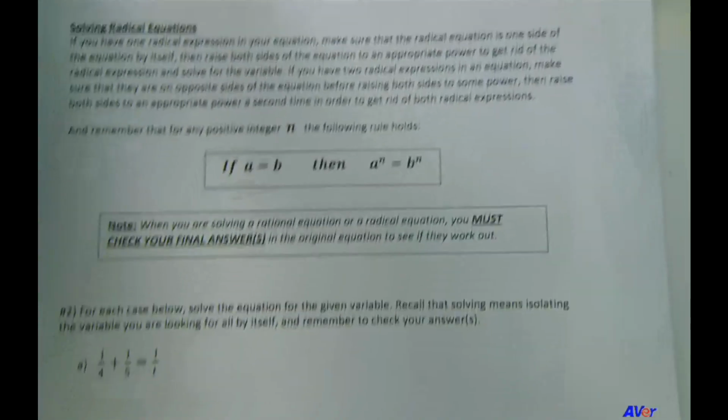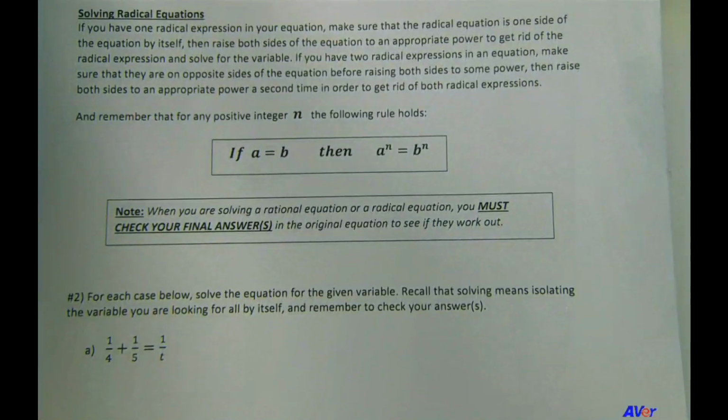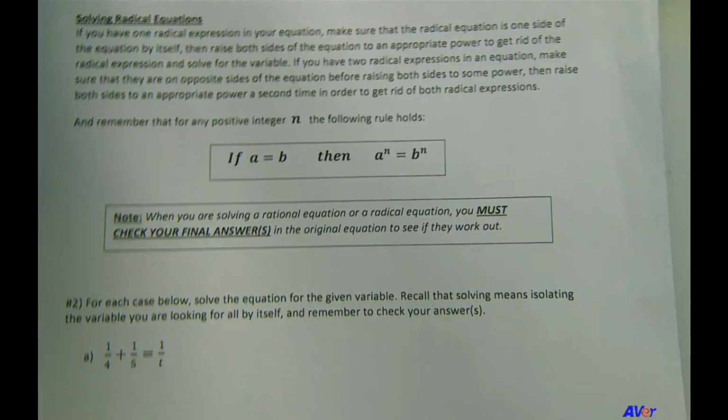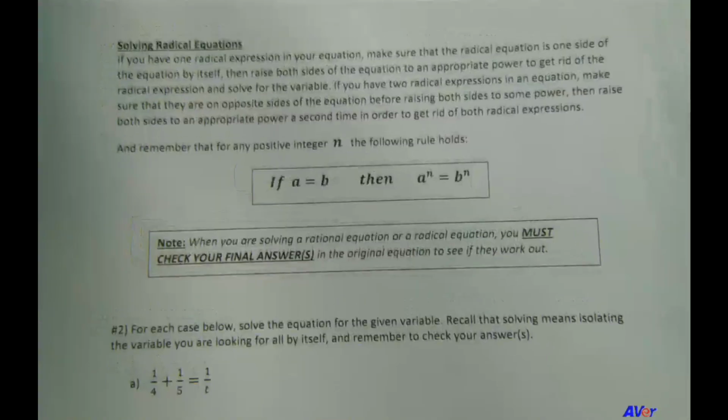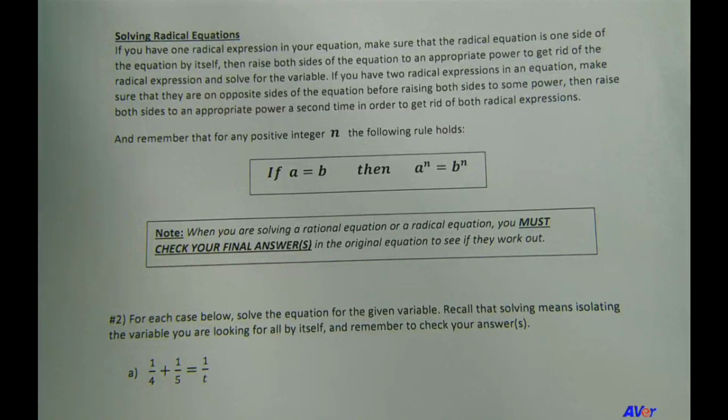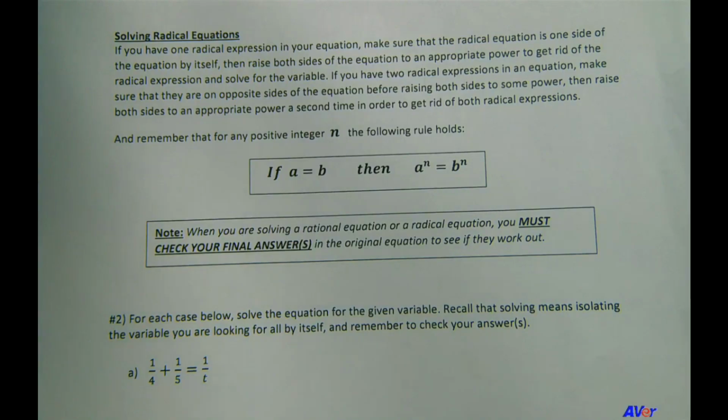So this was such an important exercise that we had to learn how to do this before we can solve rational expressions. Now, one more thing, we also need to go over how to solve radical equations before we can start solving examples. So let's go through this.